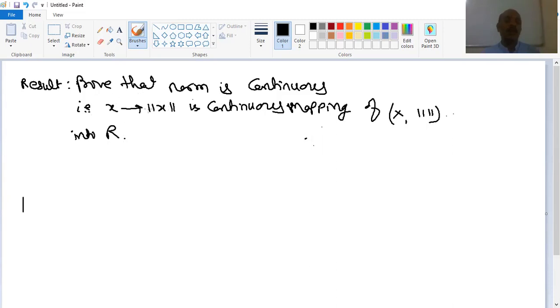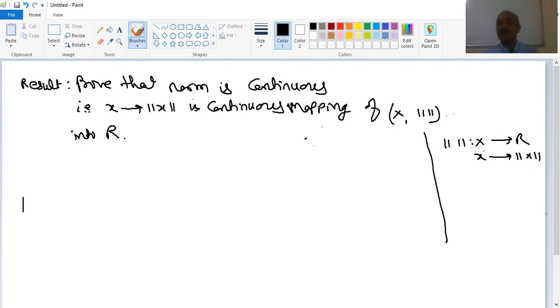Norm function is like this: for example, norm is a function from X to R. If we operate norm on x, we get the output norm x.